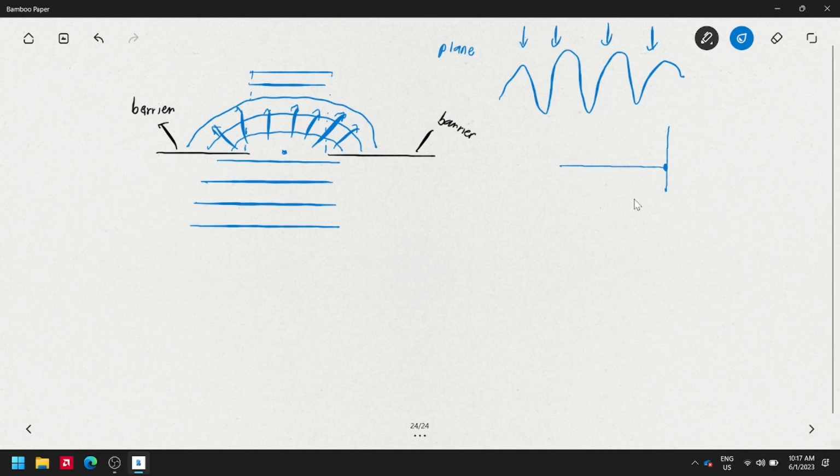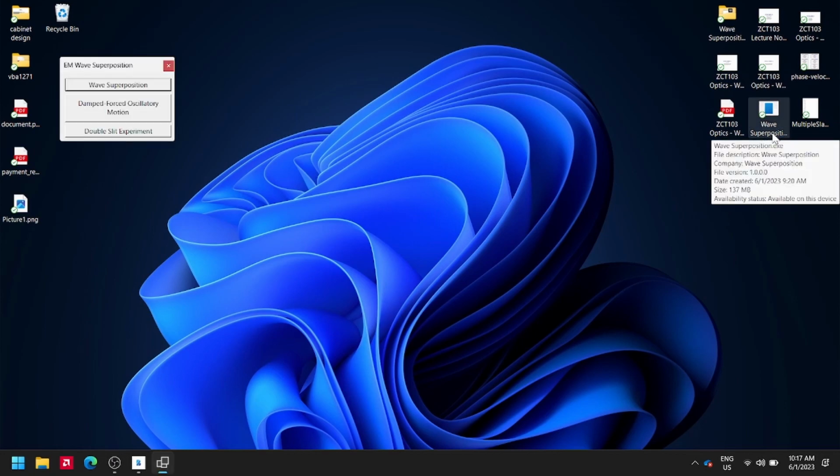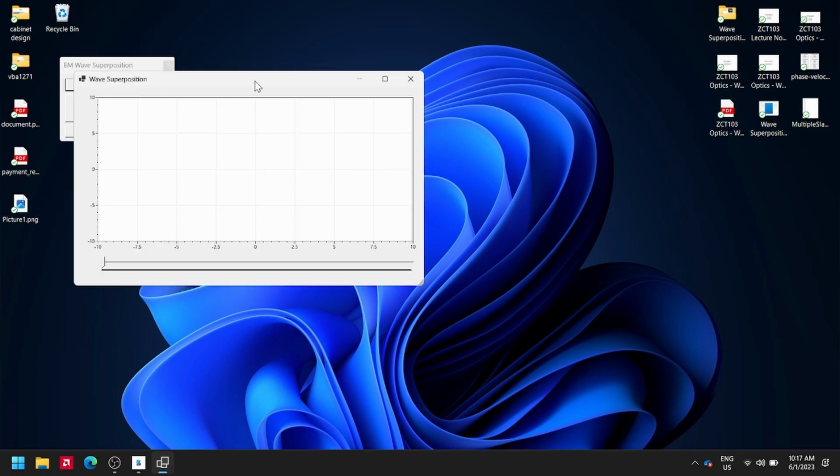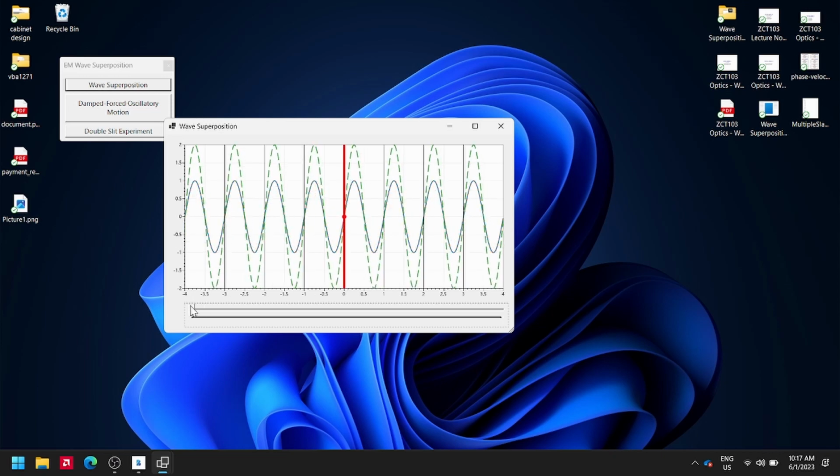So of course, I can show you by using the software that I have written in Visual Basic. Okay. So now I am demonstrating to you the wave superposition. As you can see here, the dotted line represents the resultant wave.